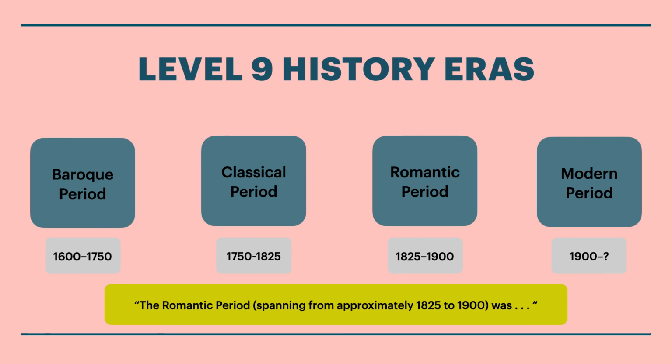I write here, the Romantic period, spanning from approximately 1825 to 1900, was, and then you go on. It's a 3-hour exam here. A lot of info is tested, so it's very important to be picky and choosy about which subjects you want, and more than want, what you need to elaborate on.